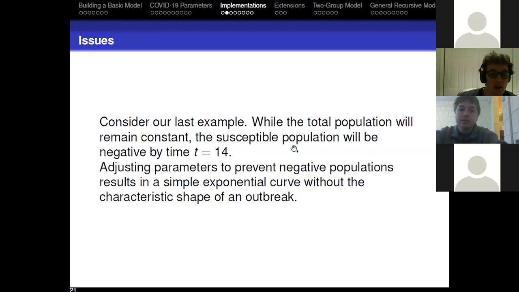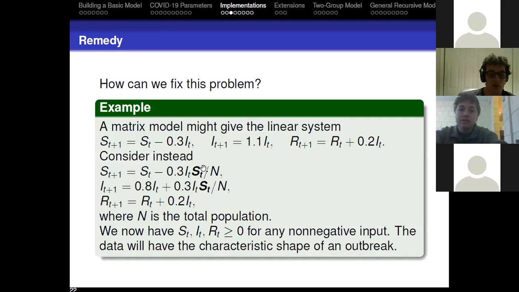So the next step is to change this by adding these cross terms to make it no longer a linear recursive model. Now we'll always have non-negative populations, and it's going to be more realistic. We're going to get a better shape, and it's going to be a more accurate model over time.